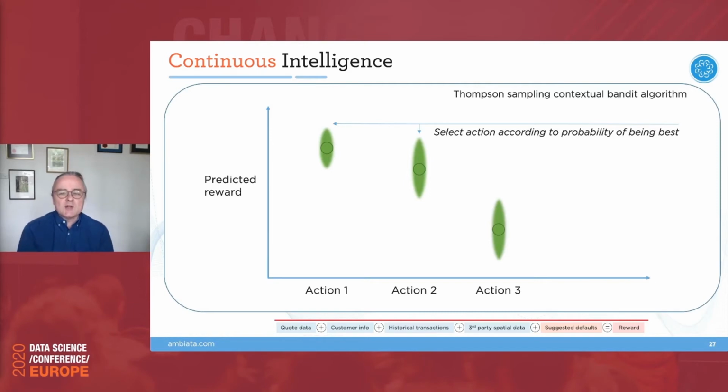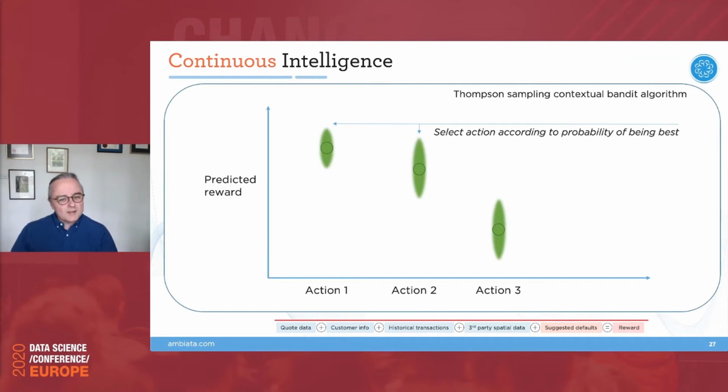And you select the action according to the probability that it's going to be best. So in this case, where the uncertainties of action 1 and action 2 in terms of their predicted rewards overlap, there's actually a chance you could select either, but there's no way you would select action 3.